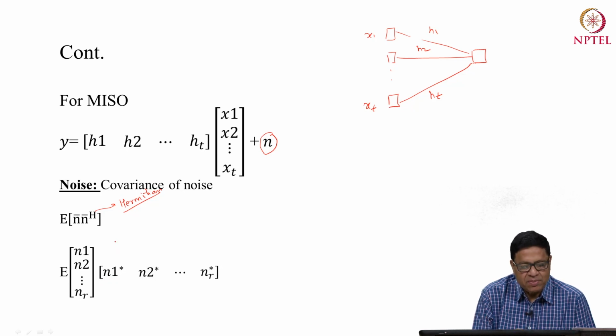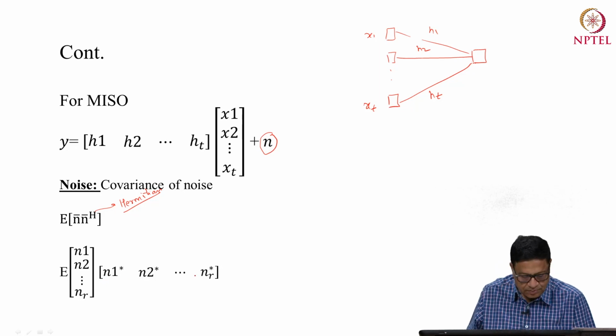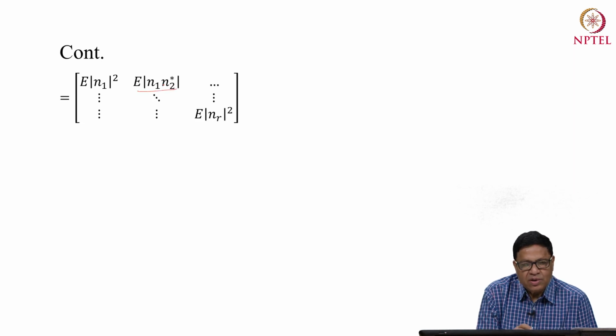That is what the Hermitian operator means. So I have taken the conjugate and the transpose, which gives me n1 conjugate, n2 conjugate and nr conjugate. If you multiply this, you get expected value of n1 mod square, expected value of n1 into n2 conjugate, and so on and so forth.